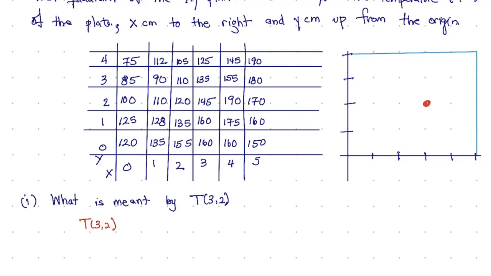And the temperature at T of 3, 2 is going to be 145 degrees Fahrenheit.